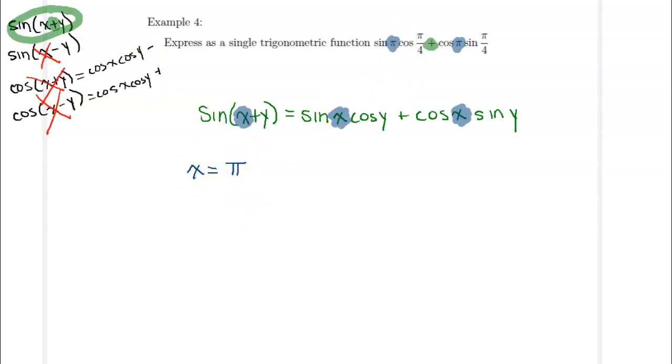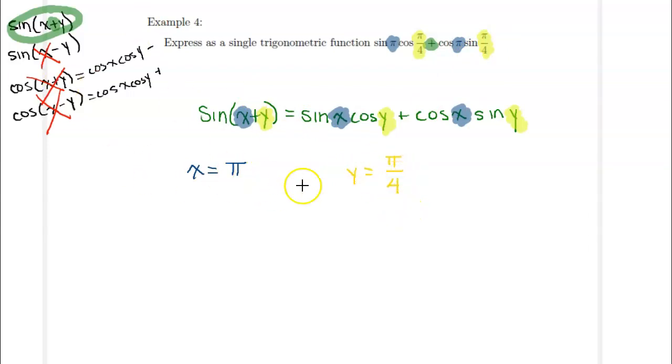All right, well, what about my y? Well, this falls in the y spot here and here in my formula. That means my y is going to equal pi over 4.